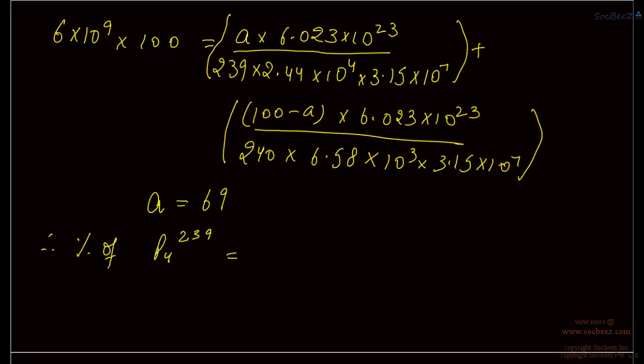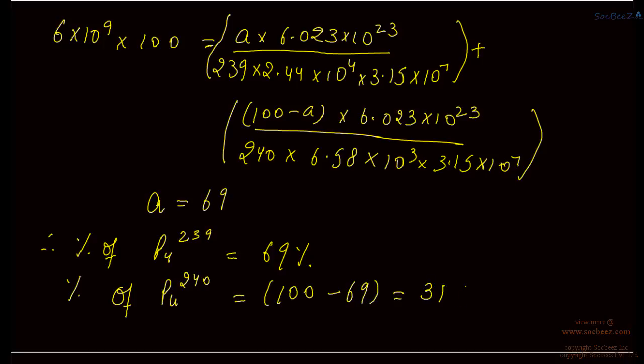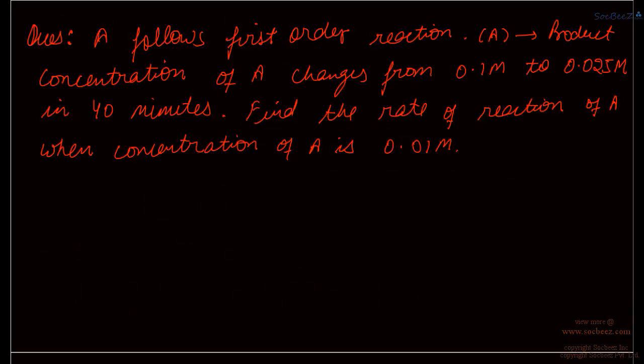Therefore, the percentage of Pu-239 is 69%, and the percentage of Pu-240 is 100 minus 69 equals 31%. This was what we were supposed to find out. So let's discuss another question.